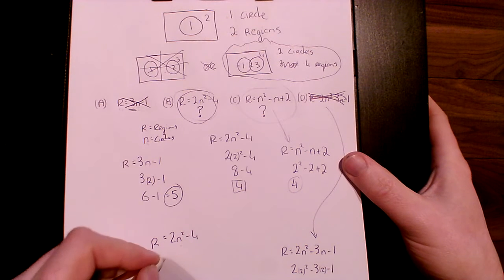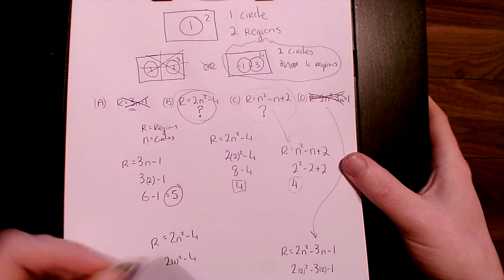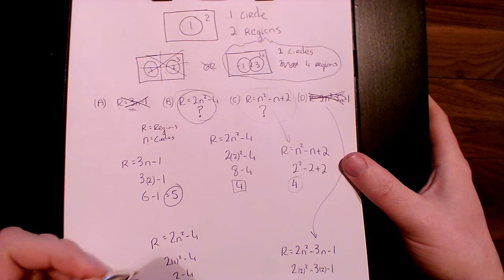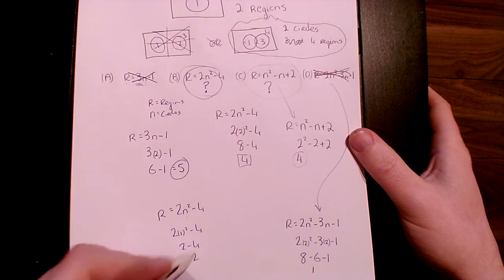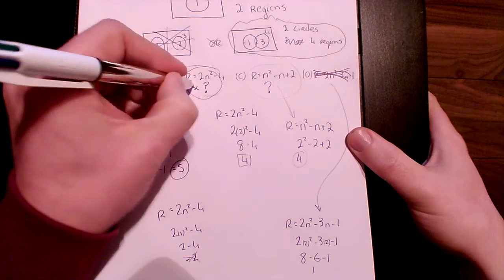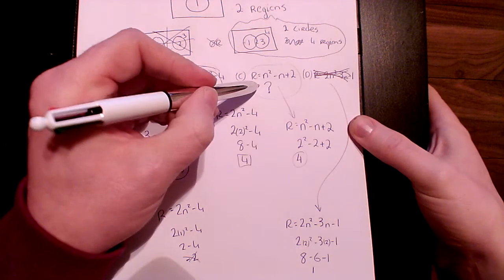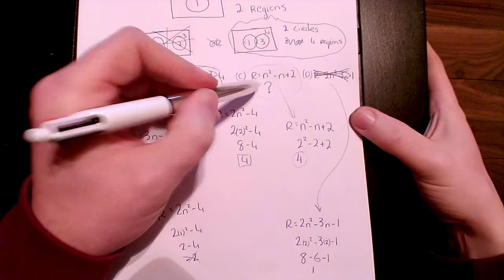So 2 times 1 squared is 2, minus 4, which equals minus 2. Well, that's not right, is it? It should be plus 2. So that's not working. So if they're not all wrong, it should be this one.